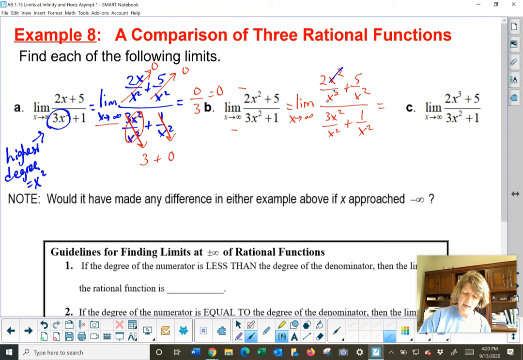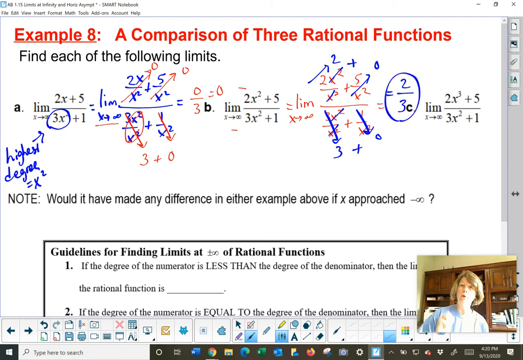X squared over x squared, it appears that this particular one's going to 2. 5 divided by large is going to go to 0. That's going to give us a 2 on top. 3x squared over x squared, that's going to give me a 3 on the bottom, and this is going to 0. So this is going to 3. 3 plus 0 equals 3, and I get 2/3. Which just so happens to be the coefficients of the like terms in the numerator and the denominator where they were equal in degree.